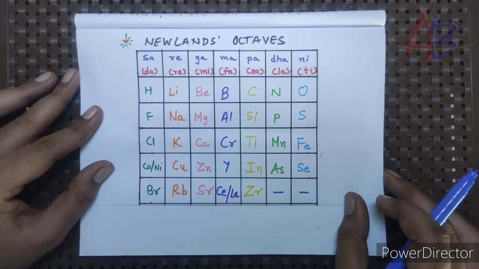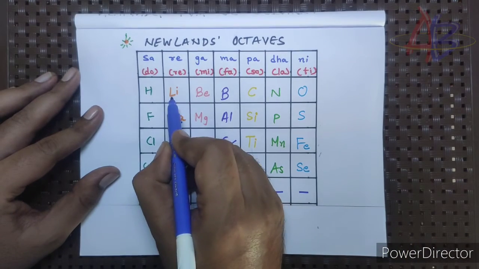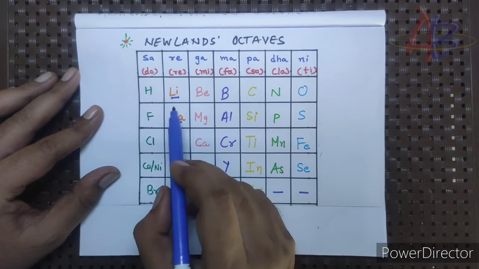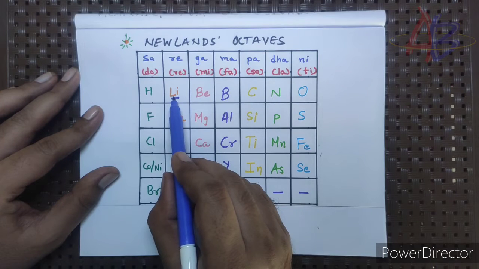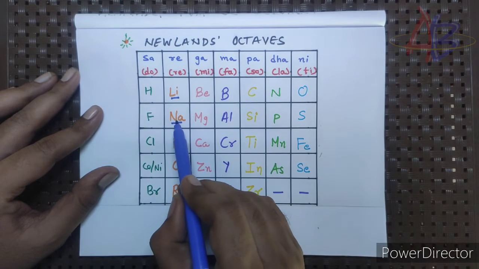This is the simplified form of Newland's octaves and its table. In this table, you can see that sodium is placed right below lithium. If you consider lithium as the first element, then lithium 1, 2, 3, 4, 5, 6, 7 and 8.